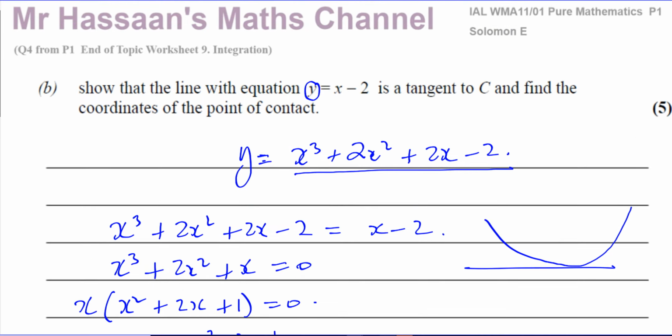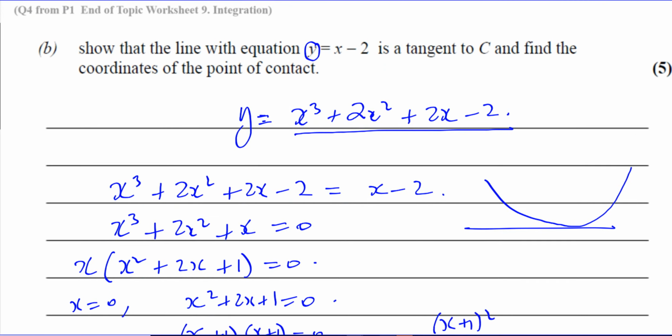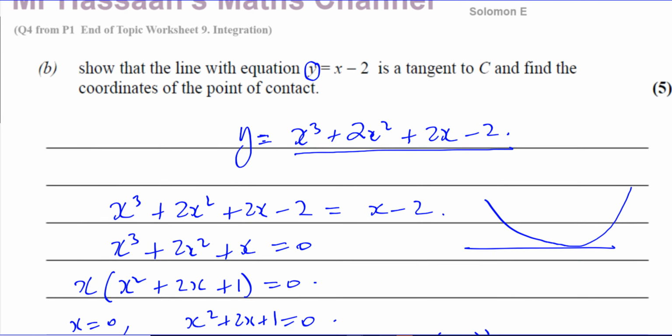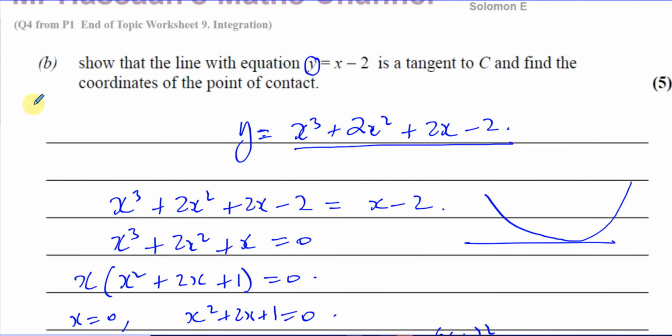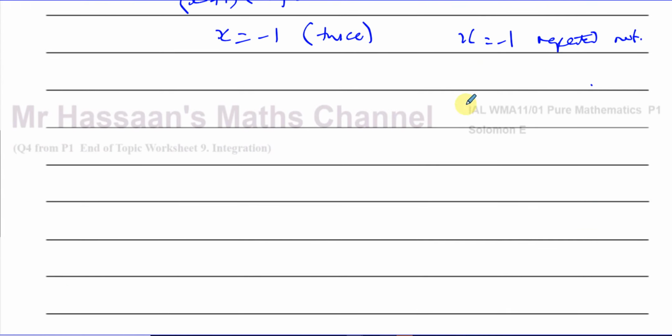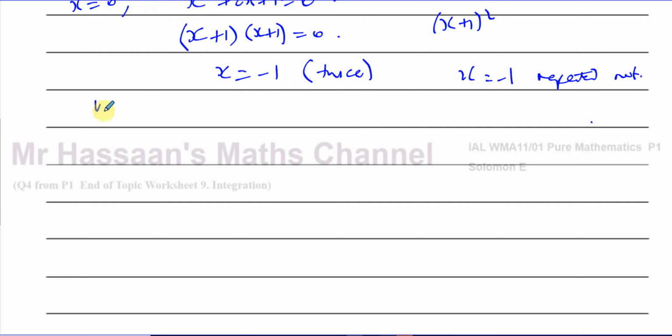Okay? So we can see that the coordinates of the point of contact, first of all, that proves, as you can see here, the line y equals x minus 2 intersects the curve y equals f of x, we called it, at 2 places, at 2 points.